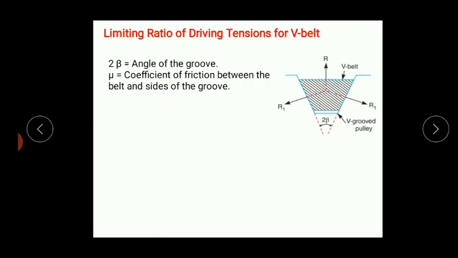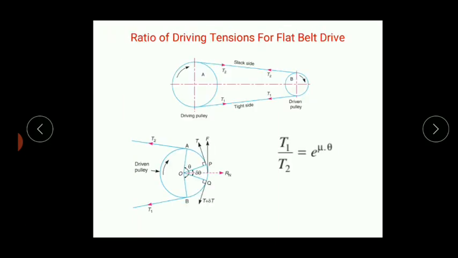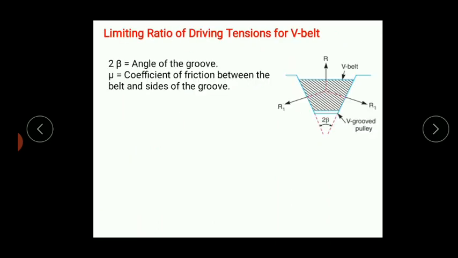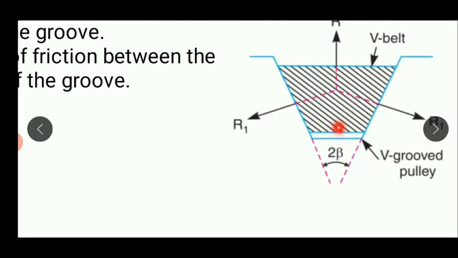Now, limiting ratio of driving tensions for the V belt. Earlier we have seen this only for the flat belt, that is T1 upon T2 is equal to e raised to mu theta, whereas in the case of the V belt drive, we already know the shape of the cross section of the belt, and similarly the shape of the cross section of the pulley, is trapezoidal, somewhat like a V. So the included angle between the two inclined sides of the pulley, or of the belt, is represented as 2 beta.